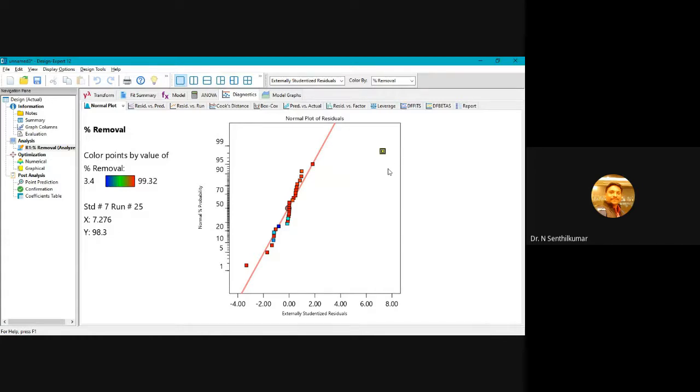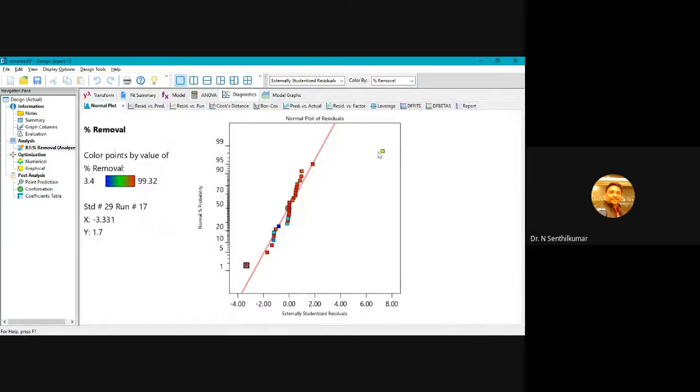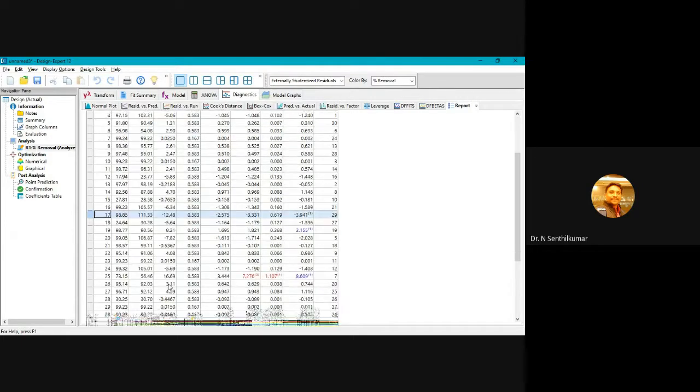Okay. So 2 things. One is standard order 7 and 29. So check it with the report. 7 and 29 standard order or run order. Kindly take the run order. Okay. 17 and 25. So 17 you can see minus 12. You can see the residual minus 12, then run 25, it is 16.